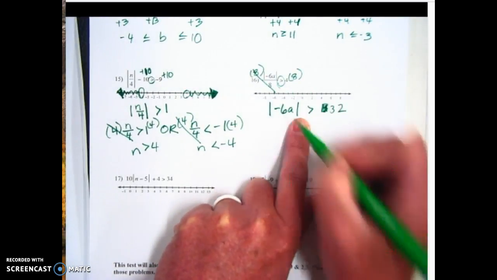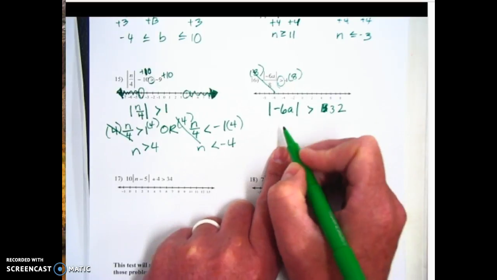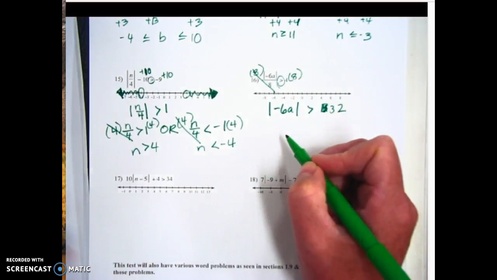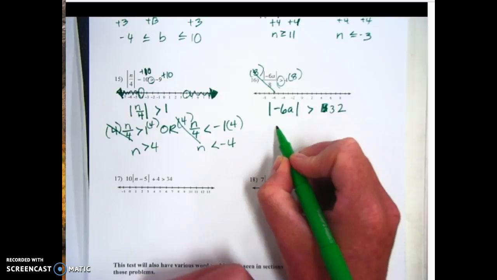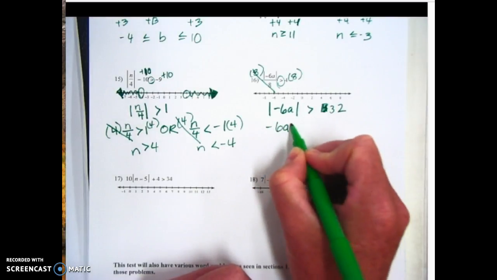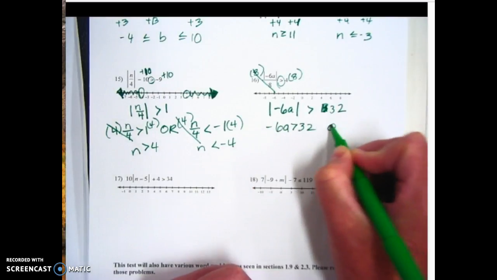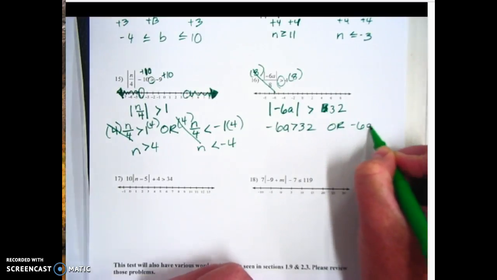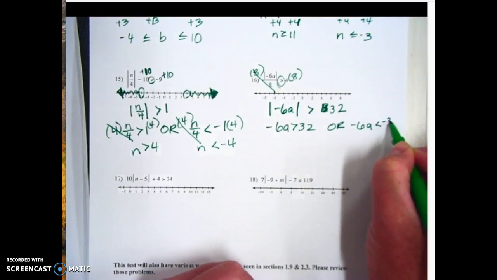Because of the greater than inequality, we're going to rewrite this as 2 inequalities. So we're going to have -6a greater than 32, or -6a less than or equal to -32.